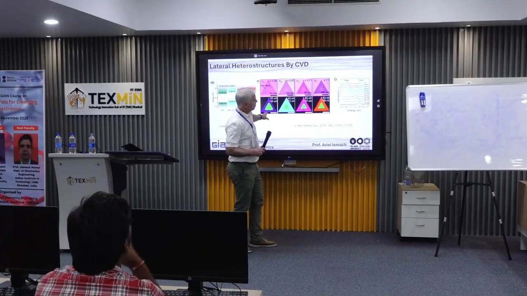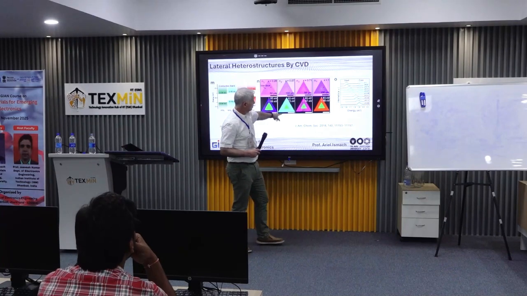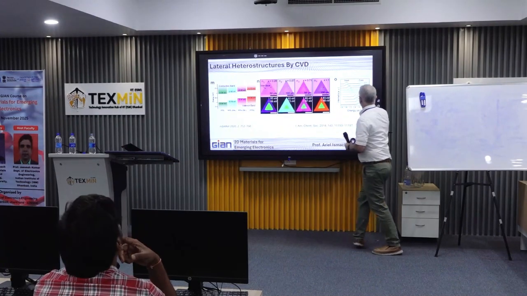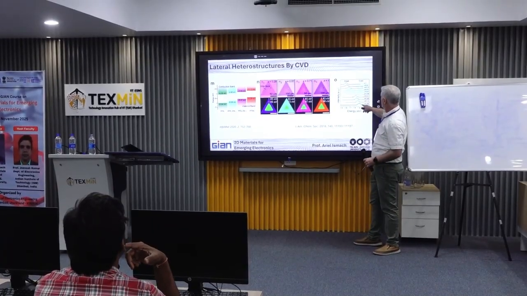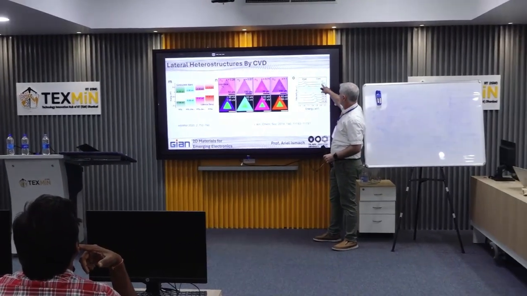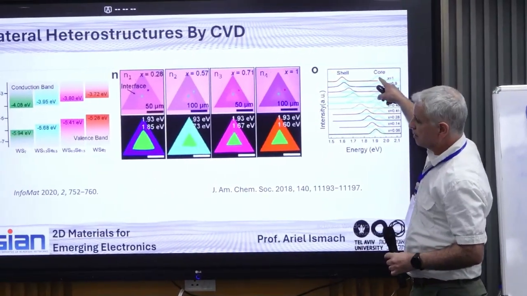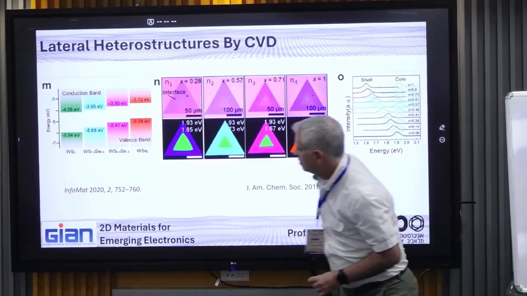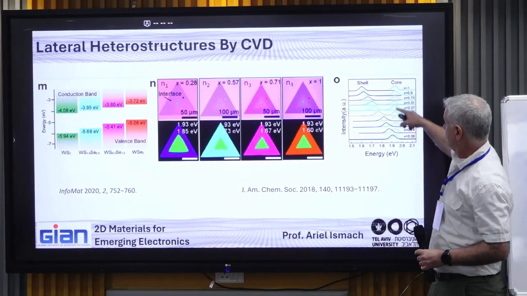I guess this is the blue. You see? So the blue, the green is with composition 1, so this is the MoS2, MoSe2, probably. This is the hydrogen, so it comes in the sulfide, right?